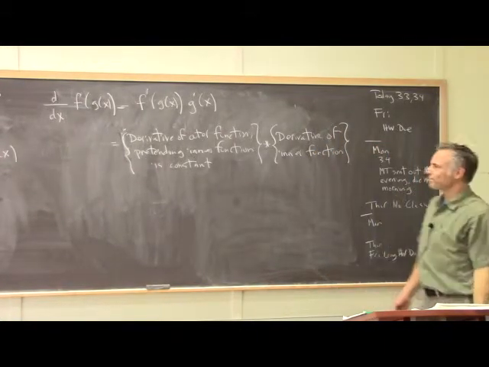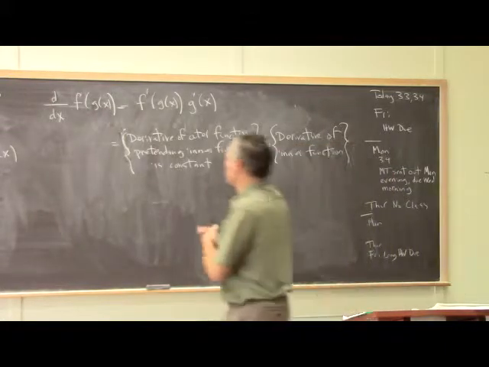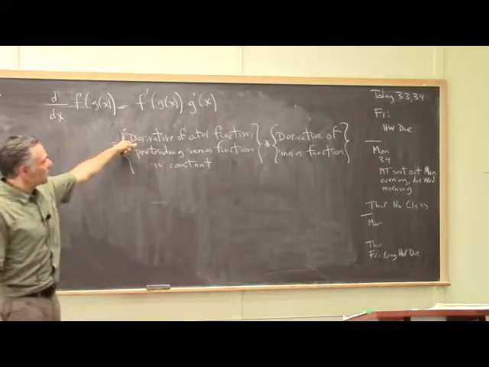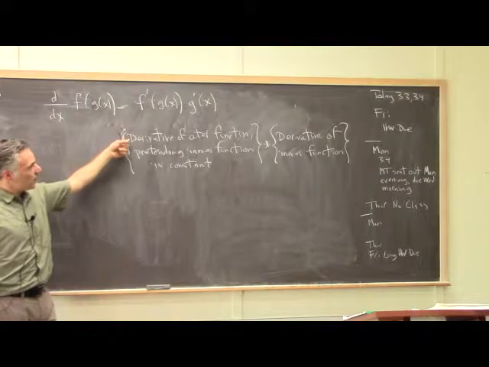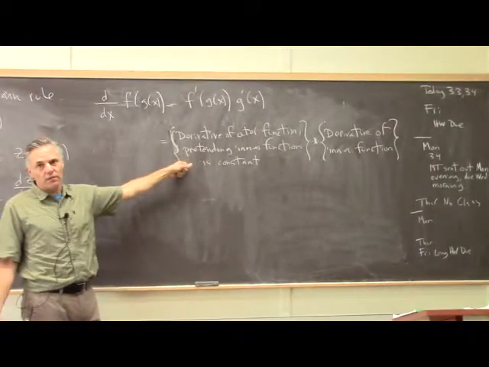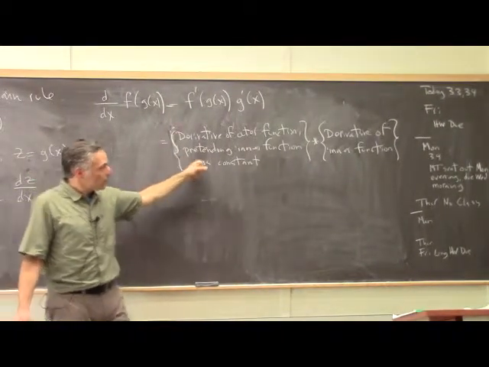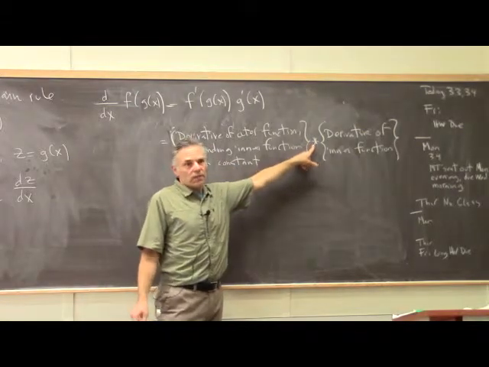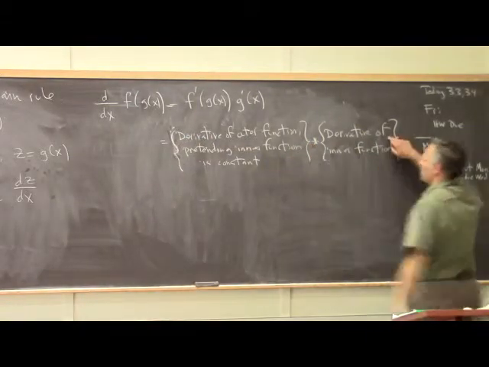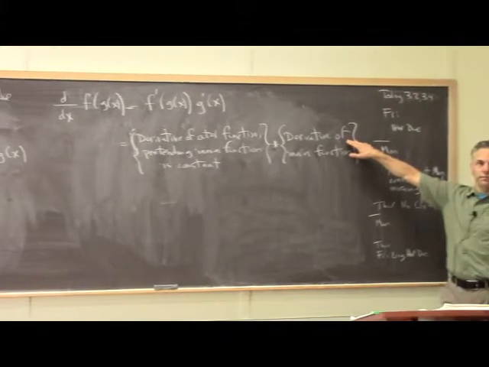OK. All right, so let's see. Let's just start with handwriting issues. This says derivative of outer function, pretending inner function is constant. This asterisk is to indicate multiplication. And then this says derivative of inner function.